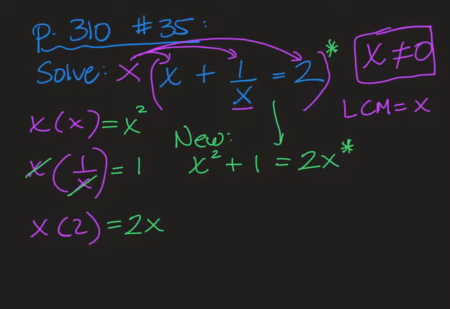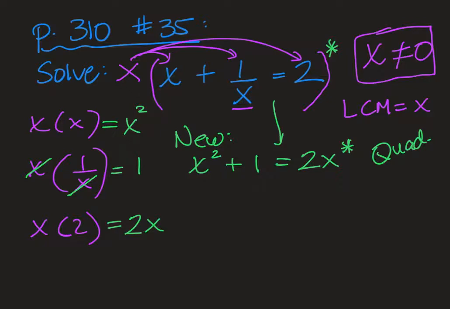So what kind of equation is this one? Now, the one we did on the same page, but on number 34, our new equation was linear, so we solved it accordingly. But this one right here is a quadratic. Okay, so I have to solve quadratics differently. So when I solve a quadratic, I want everything on one side to get one side to be 0, and then we're going to choose between factoring and the quadratic formula once we see what we have here.